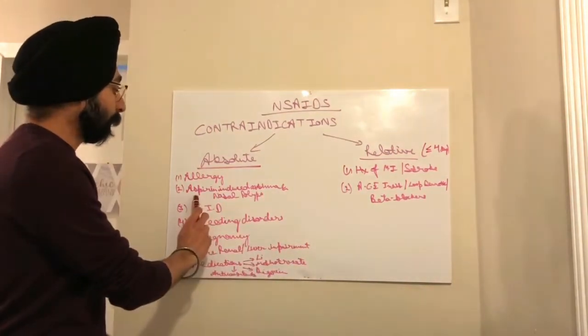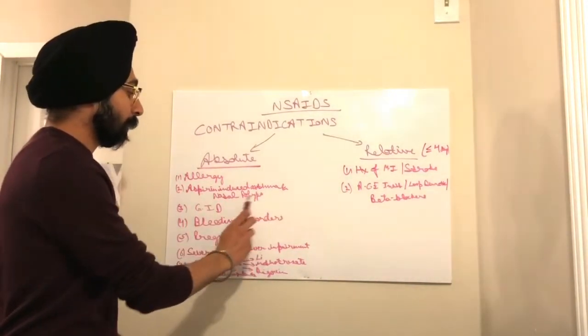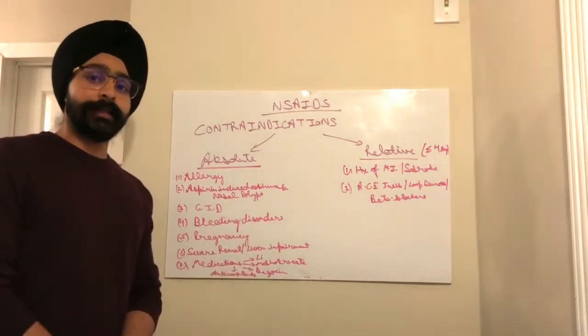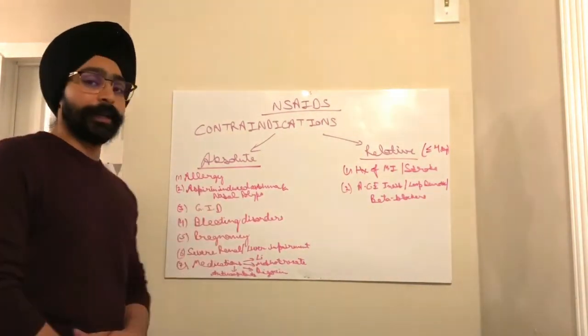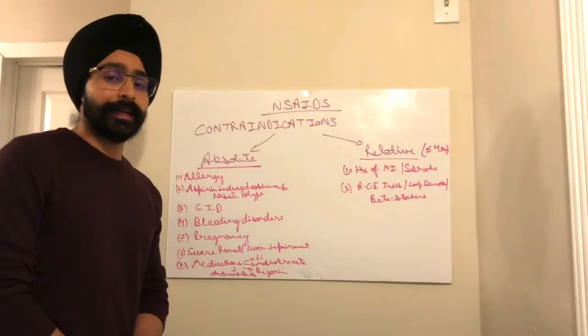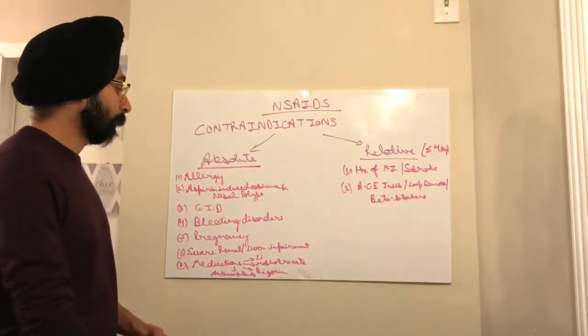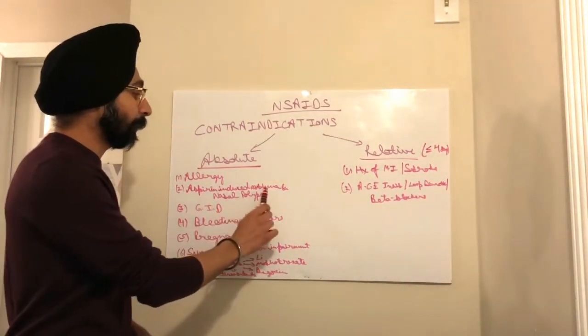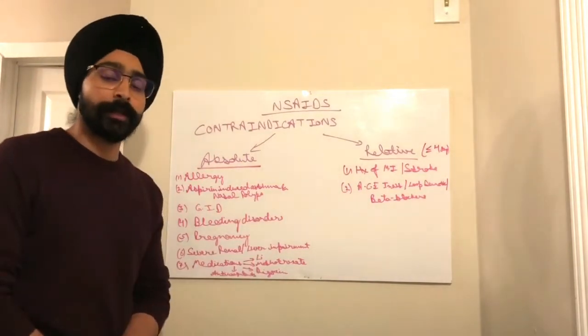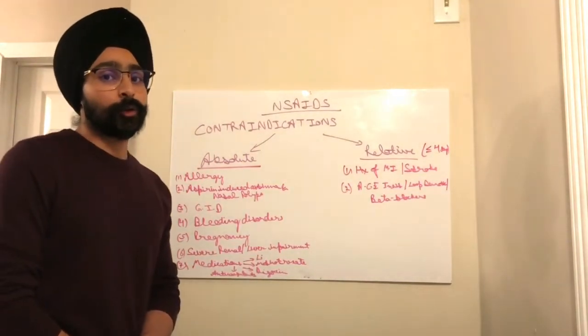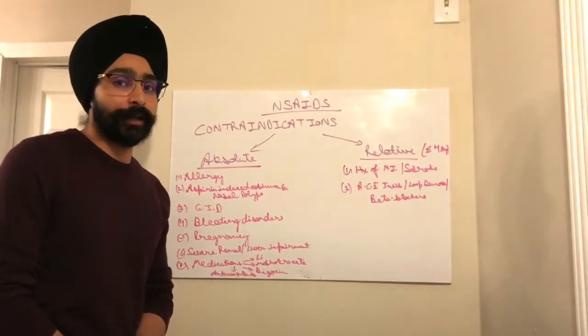The second group is aspirin-induced asthma and nasal polyps. In this case, aspirin is contraindicated, but if in the medical history given in the question the patient has aspirin-induced asthma and nasal polyps, then NSAIDs are also considered absolutely contraindicated.